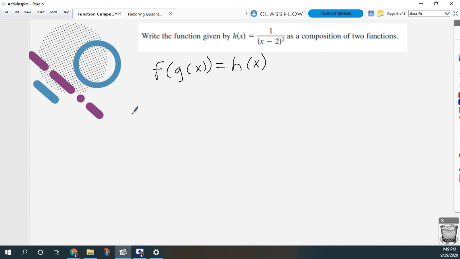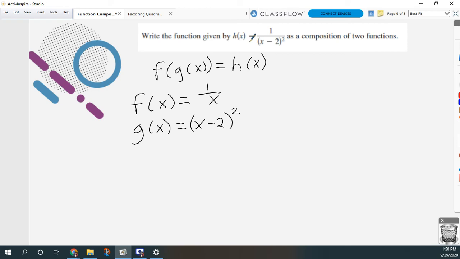So notice that if I let my f of x equal 1 divided by x, and I wanted to end up with my h of x, notice that if we let g of x be x minus 2 quantity squared, when we plug this g of x into f of x, we end up with h of x.